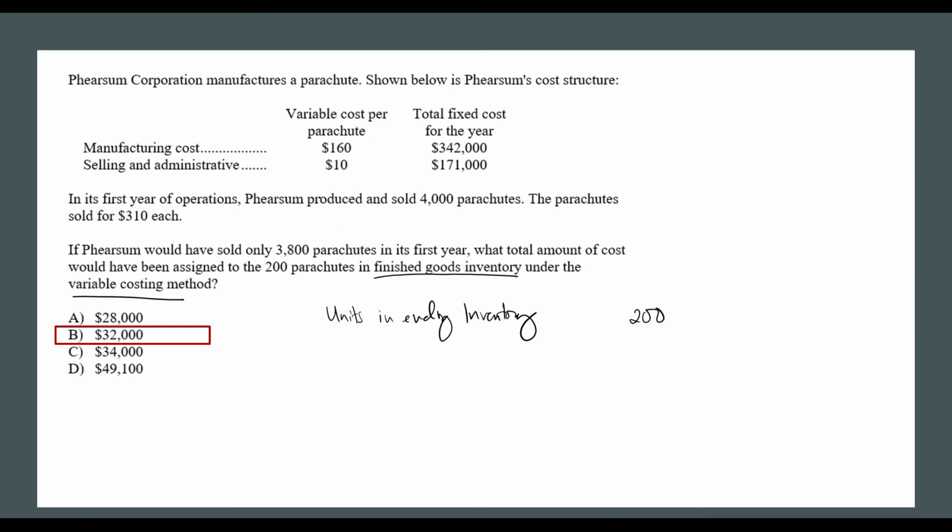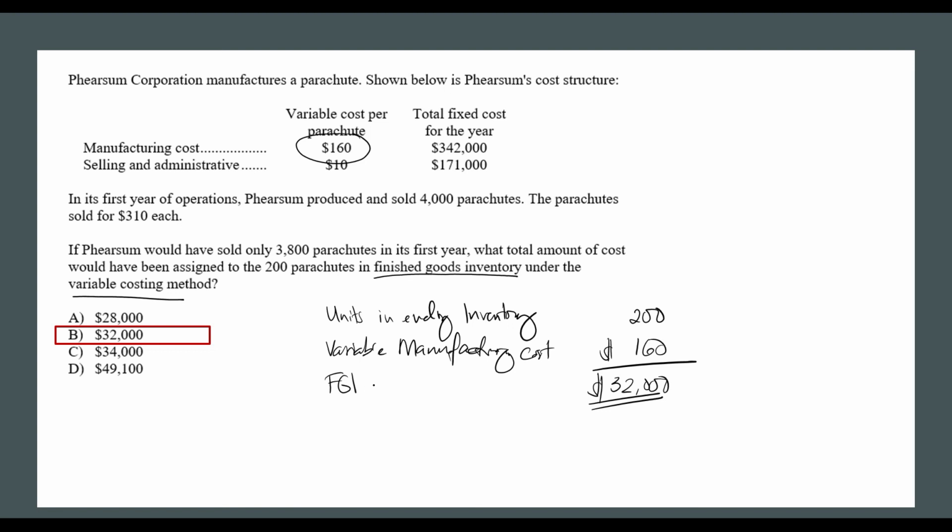So it is here, 160 only. So it is our variable manufacturing cost of $160. And when we multiply the two, it will give us a value of $32,000. So this value pertains to the finished goods inventory under variable costing.